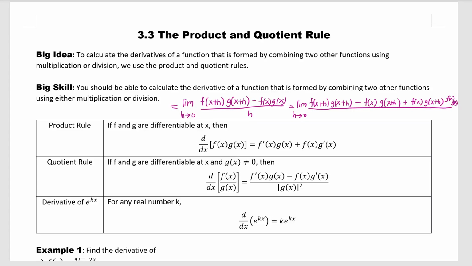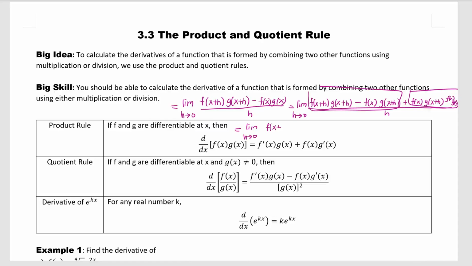Oh, I ran out of space. Okay, never mind. Now I'm going to group the first two terms together and the last two terms together. For the first two terms, do you see the common factor g of x plus h? So I can group it together.